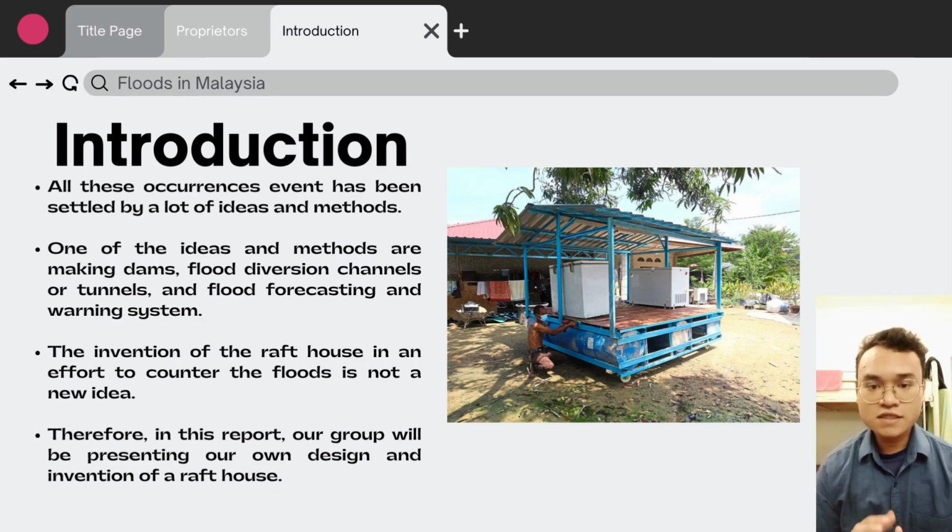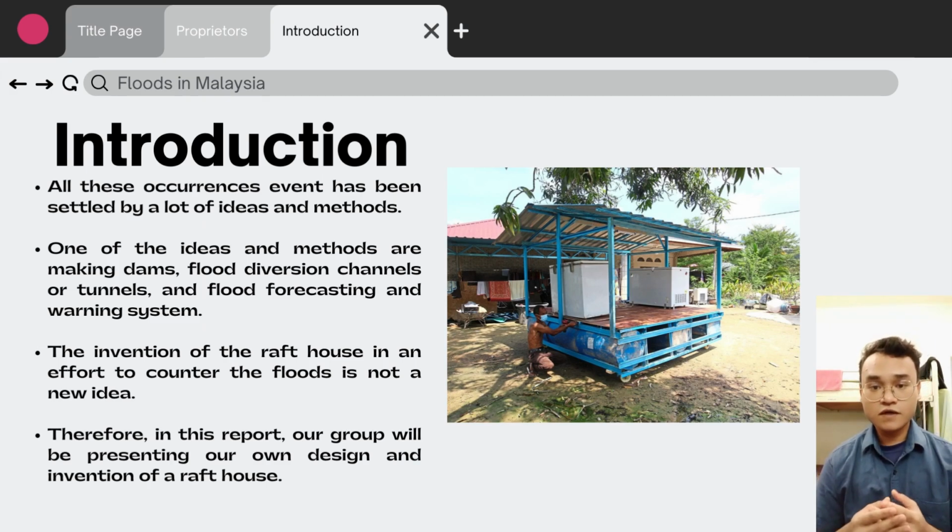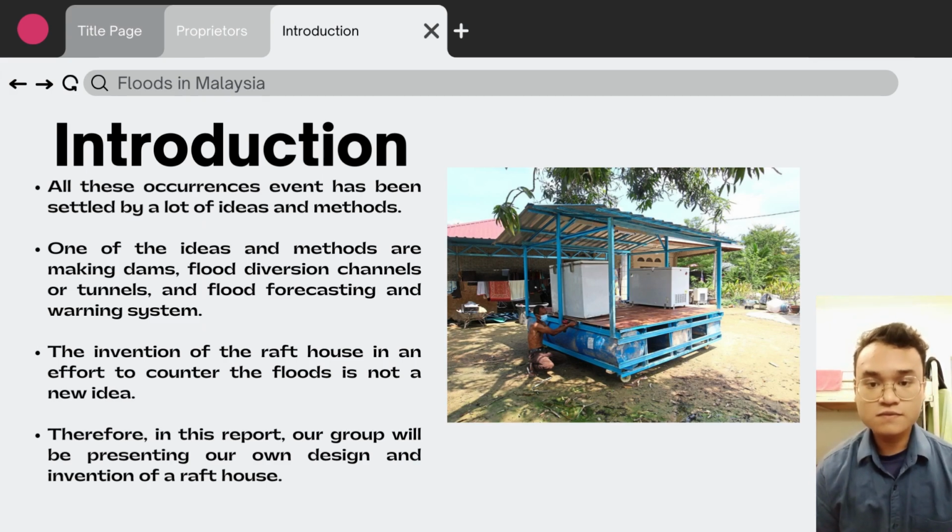This idea of inventing the Raft House is not new because it has been introduced since a long time ago. Therefore, in this group project, we will be explaining our own design and invention of a Raft House for this project.